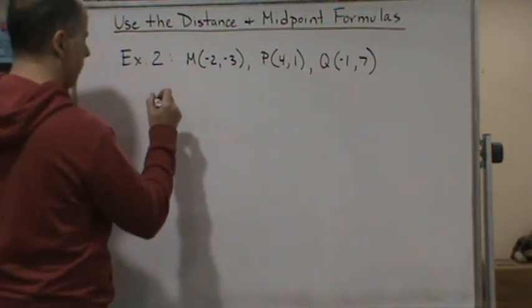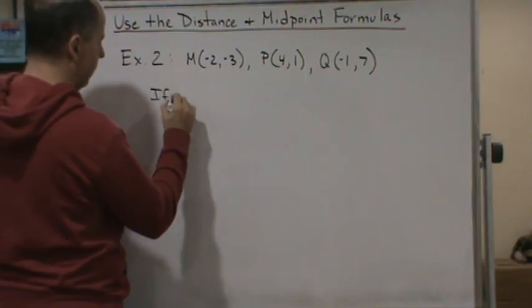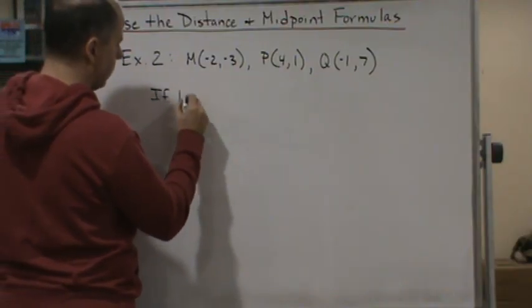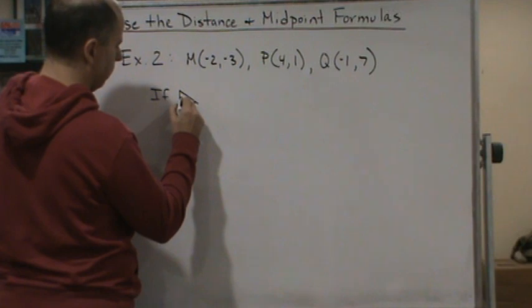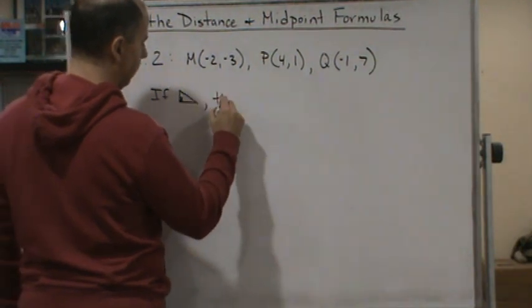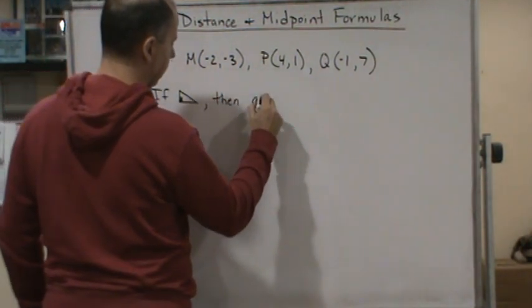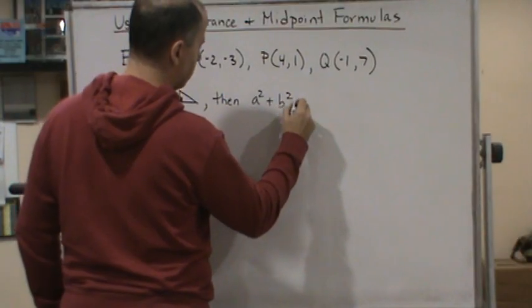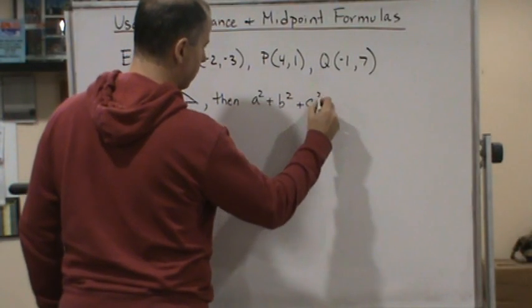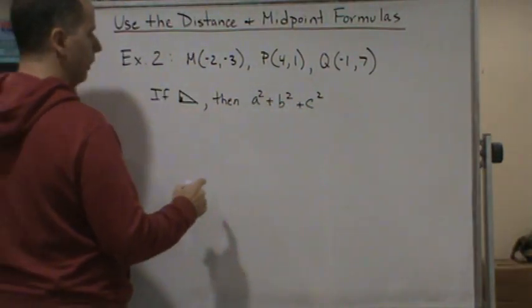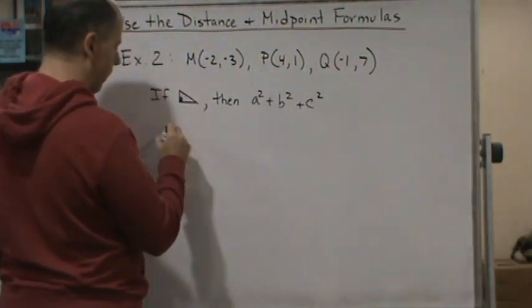So, in other words, if you have a right triangle, right, then a squared plus b squared equals c squared, right? But also, it goes the other way around.